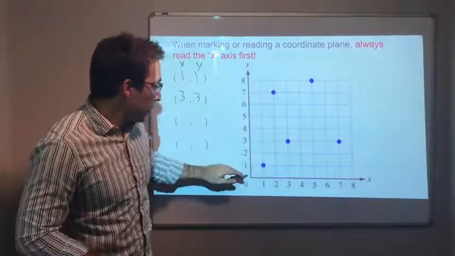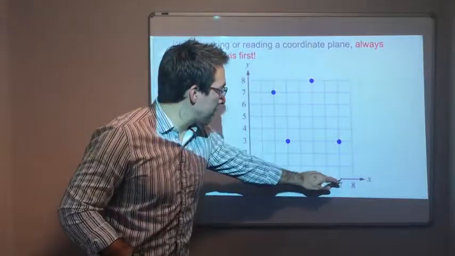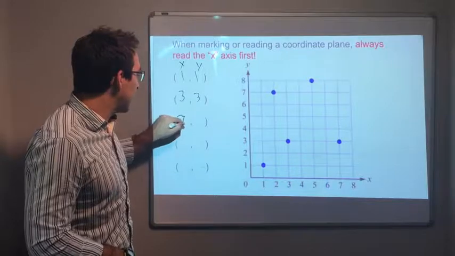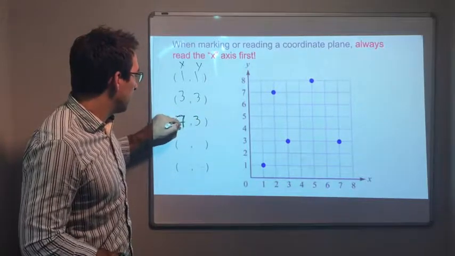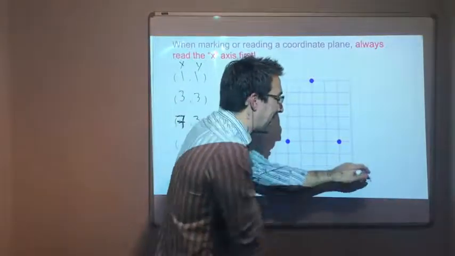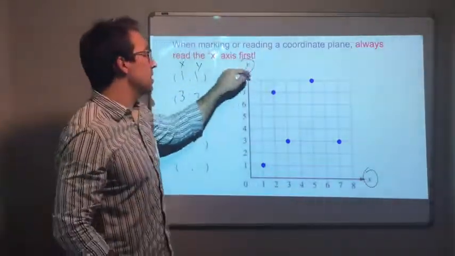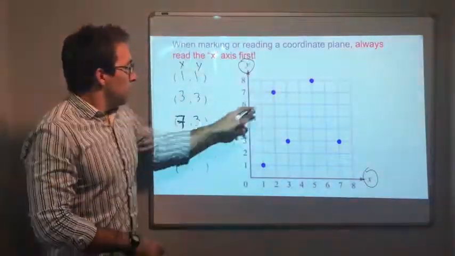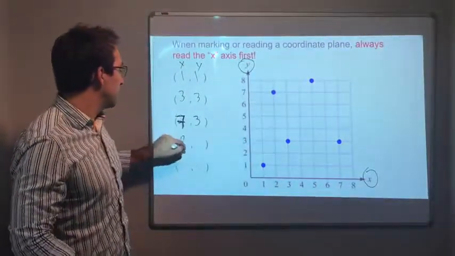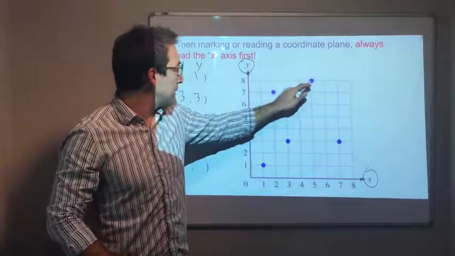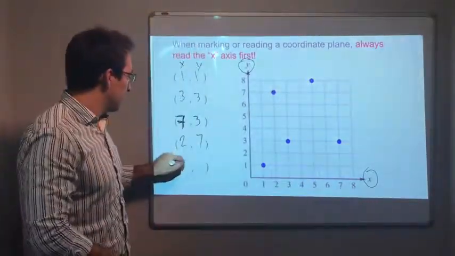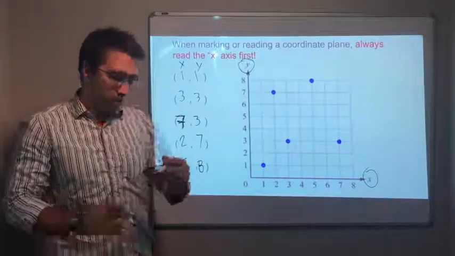Let's do this number: 1, 2, 3, 4, 5, 6, 7, and 1, 2, 3. So 7, 3. 7 comes first because you read the x-axis first and then the y. Right here, 2, 7. And our last but not least, 8 is the y and 5 is the x. 5, 8.